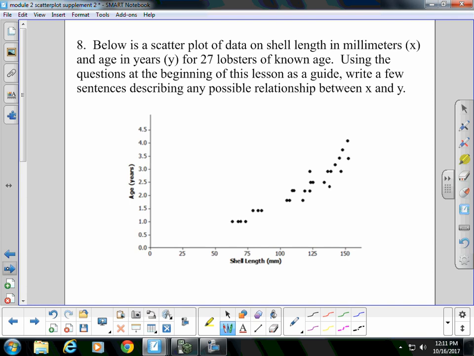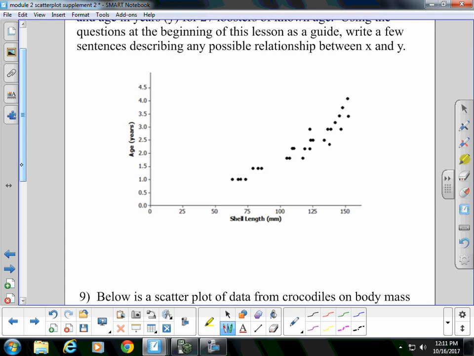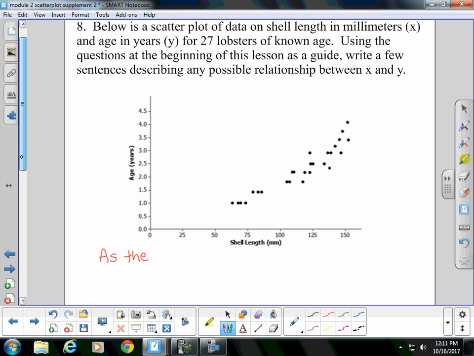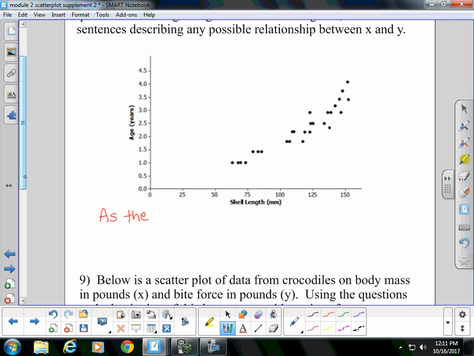So it looks like as the shell lengths get bigger, the age is getting bigger, but this one does not look like it has a linear relationship. It looks more like a curve. So what was this? The shell length of what? Oh, lobsters.